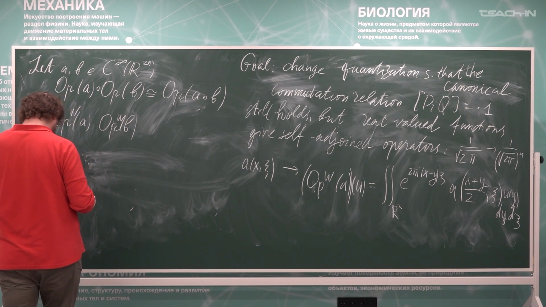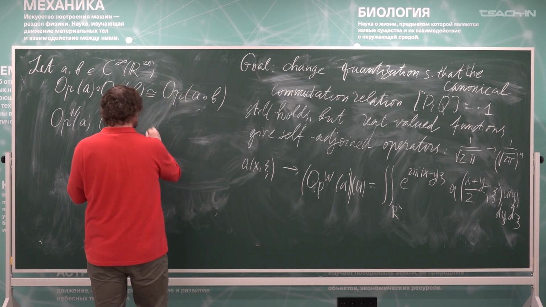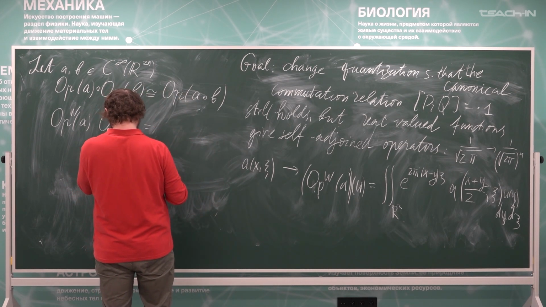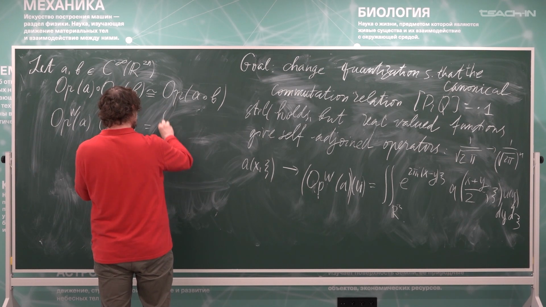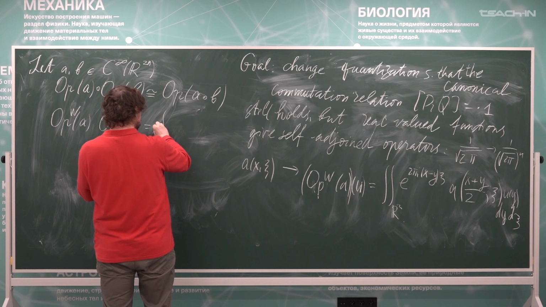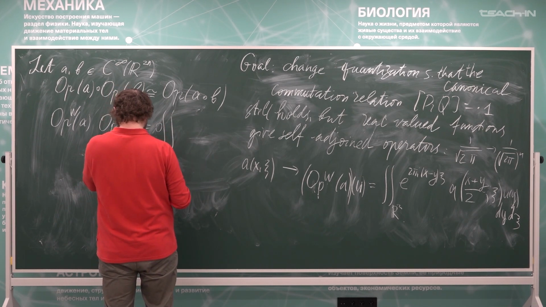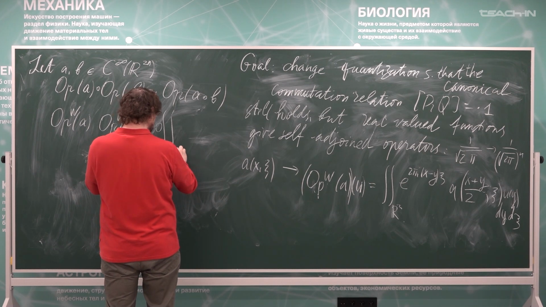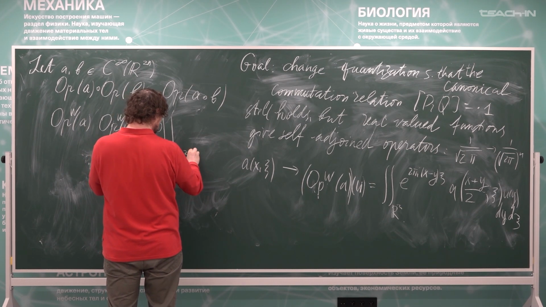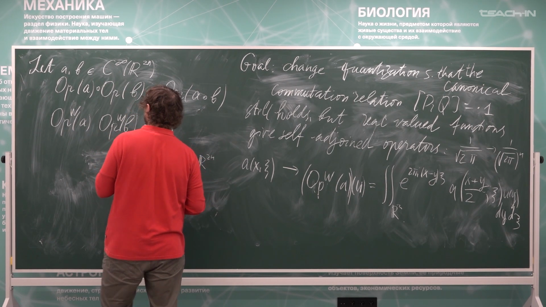In case of Weyl operators, we can write down the right-hand side as a large integral. Up to some coefficient, which I omit, it is equal to the integral over R^n cross R^n.